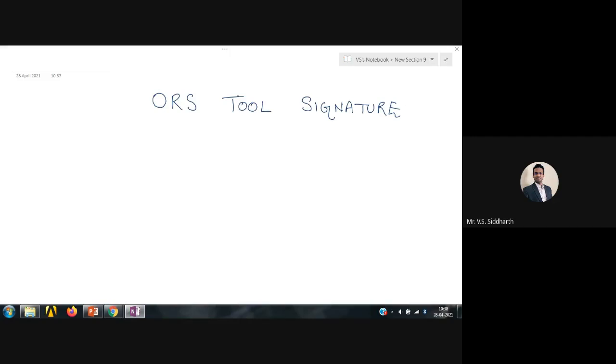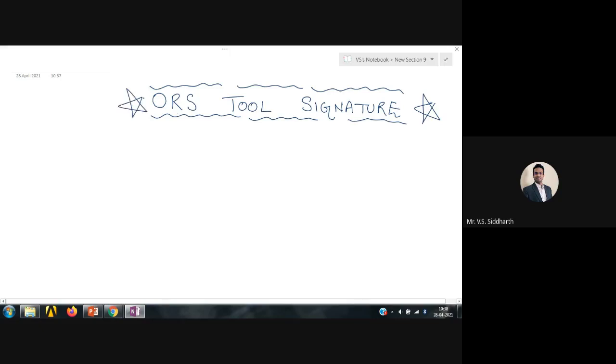Hemant Nayak. Okay, Lakshman. Now we will see the ORS tool signature. Can anyone tell me what are the various components of ORS tool signature? How many angles we have? Number of angles 6.